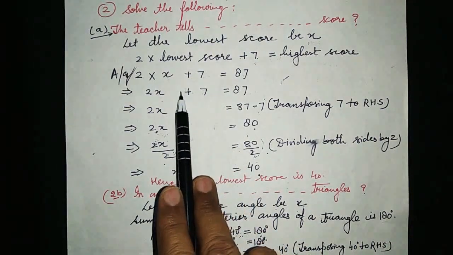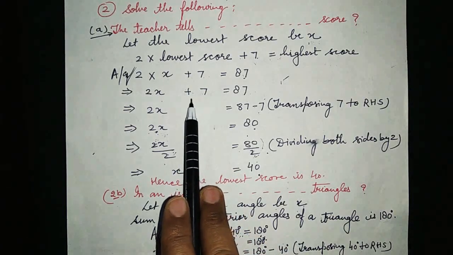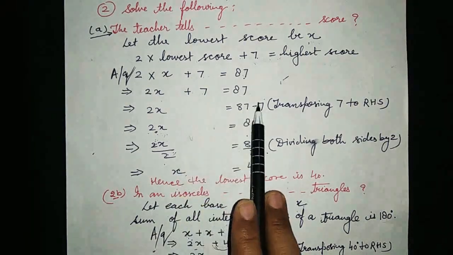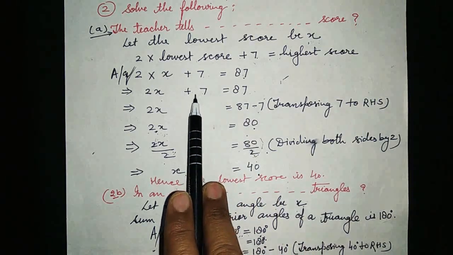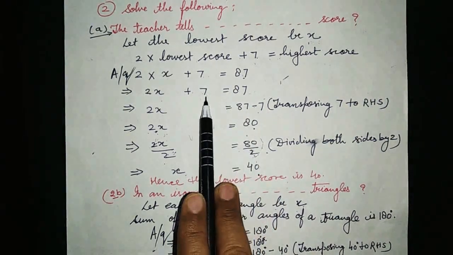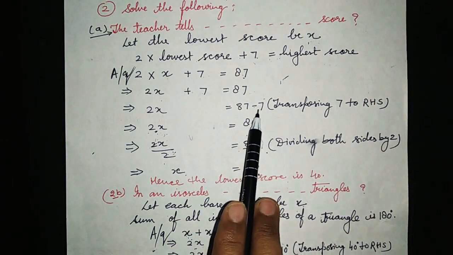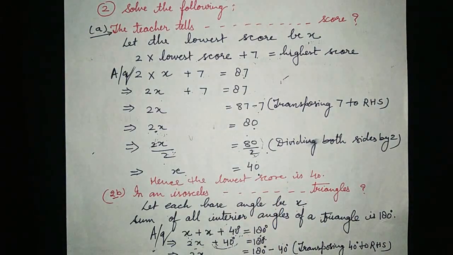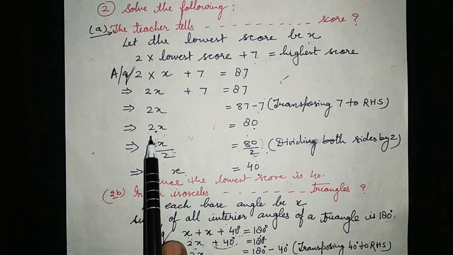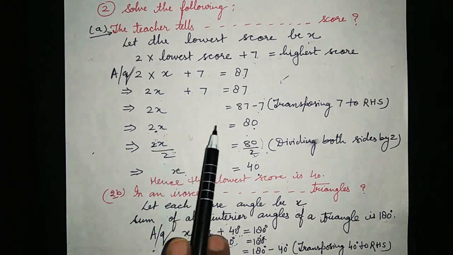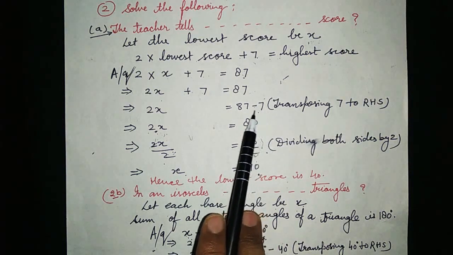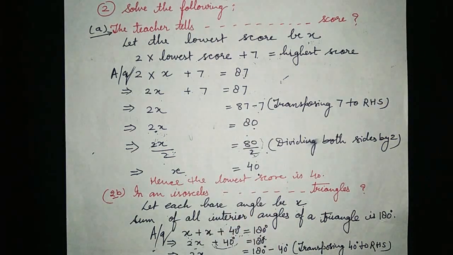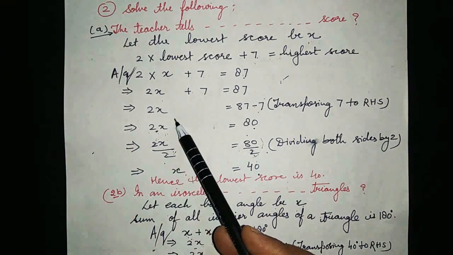Now this plus 7 we will transpose from the left hand side to the right hand side. Transposing 7 from the left hand side to the right hand side, this plus 7 will change into minus 7. Now in the next step we will get 2x is equal to 80, because here you have subtracted 7 from 87. Now we have to separate this unknown variable x.